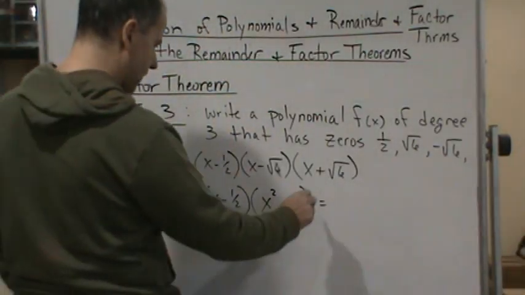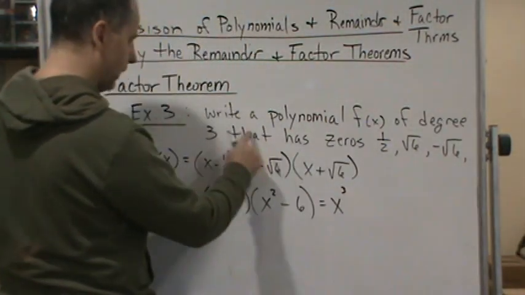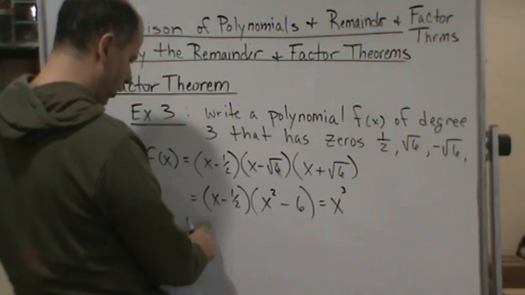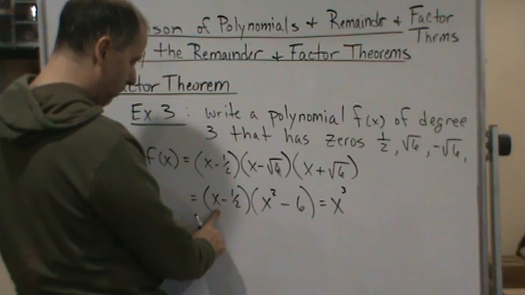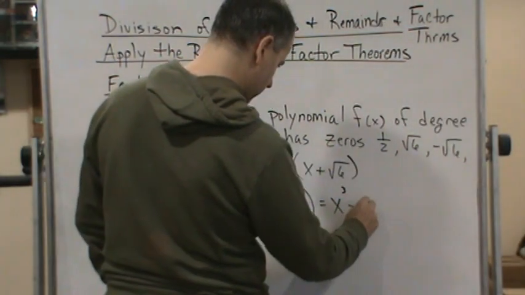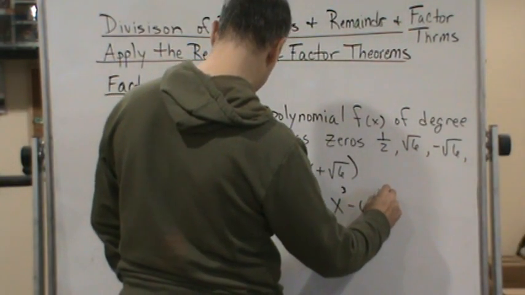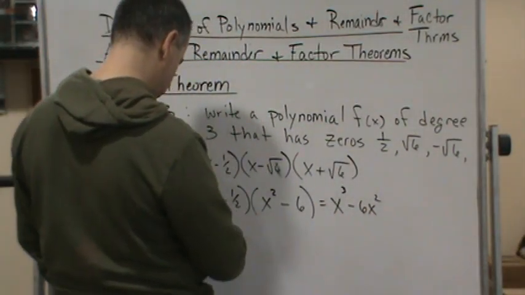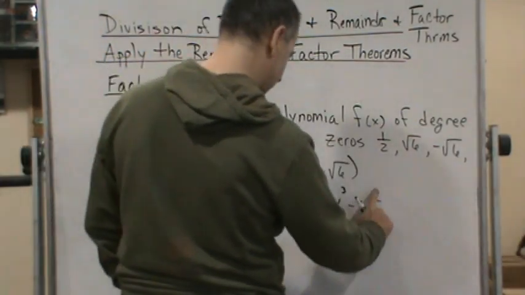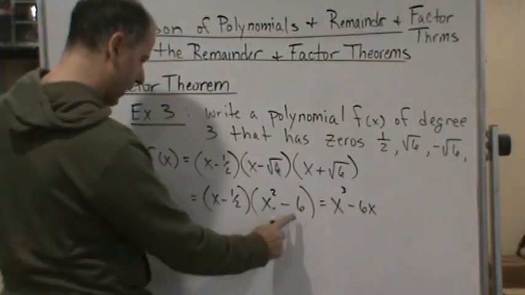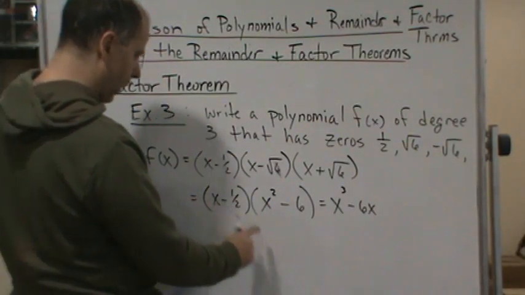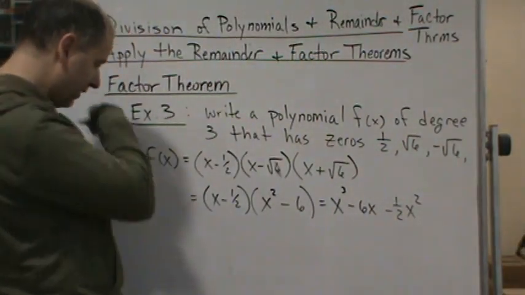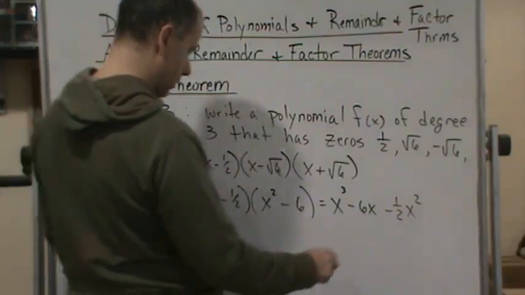So, perfect. Now we're going to distribute again, right? And what do we get? We get x cubed. Good, because we wanted degree 3, so far so good. So x cubed minus 6x, and then minus 1/2 x squared and then plus 3.